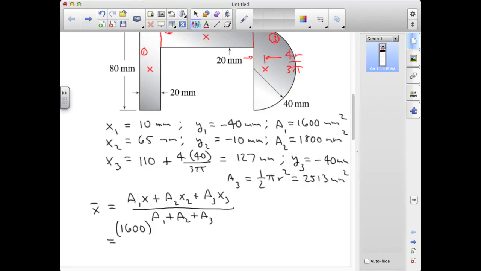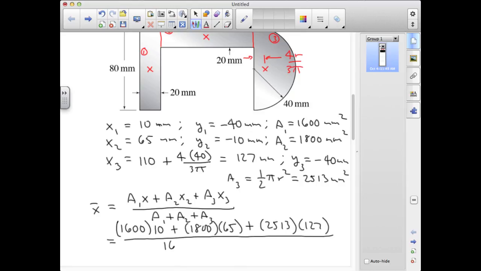So we have 1600 times 10 plus 1800 times 65 plus 2513 times 127 divided by the sum of those areas. And we calculate all that out, we get a value of 76.5 millimeters.